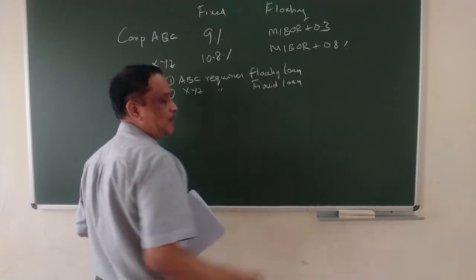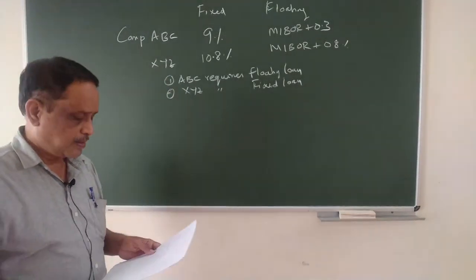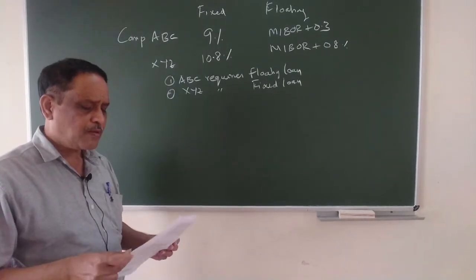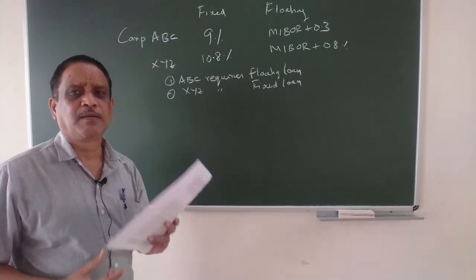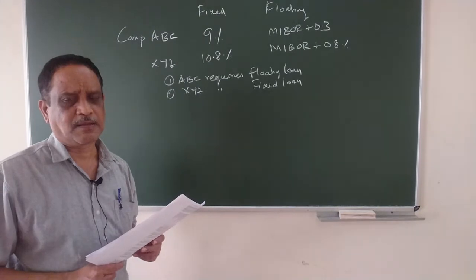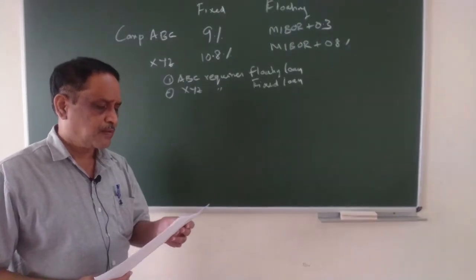ABC requires a floating loan, XYZ requires a fixed loan. And the next one is, when you have to calculate the profit available in the transaction, that is, the gain available in the transaction.